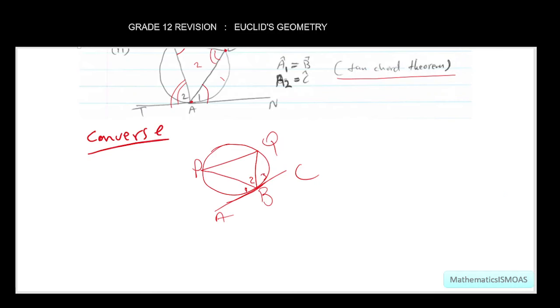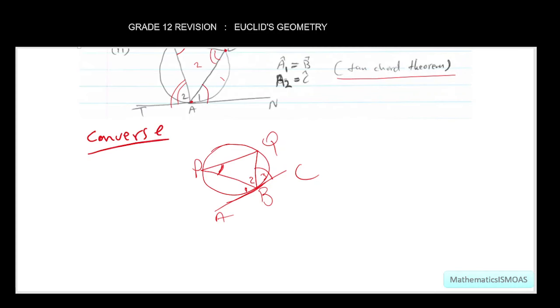But now, from the calculations, you have proved that angle B3 is equal to angle P. Therefore, you've proved that an angle between a line, line ABC, and the chord, chord BQ, is equal to an angle in the alternate segment.